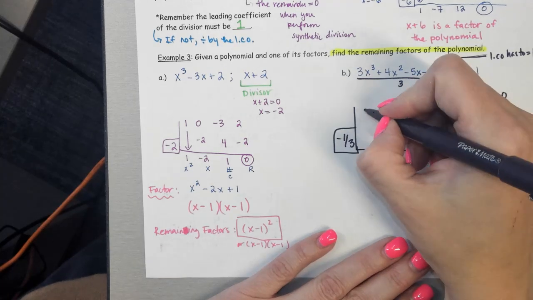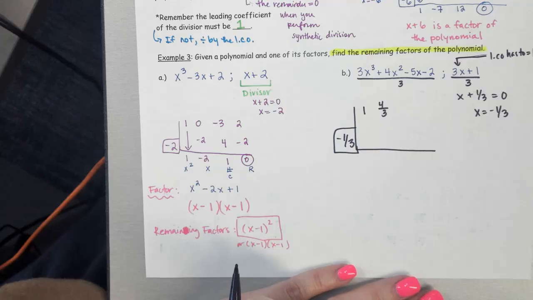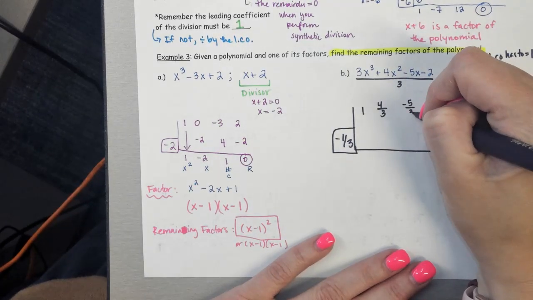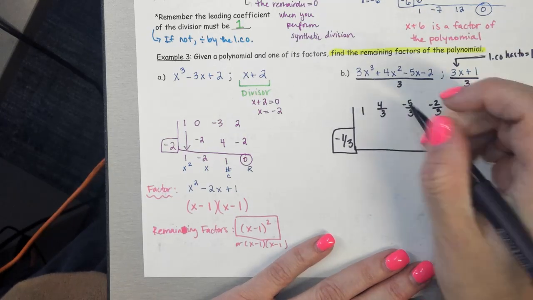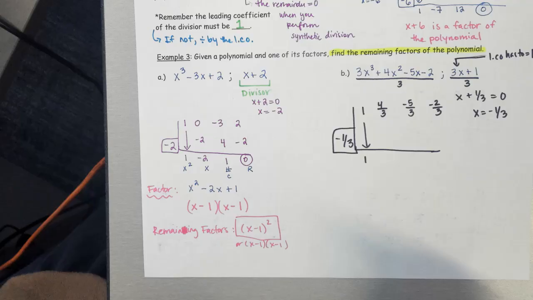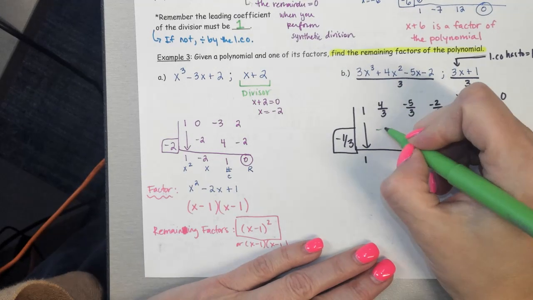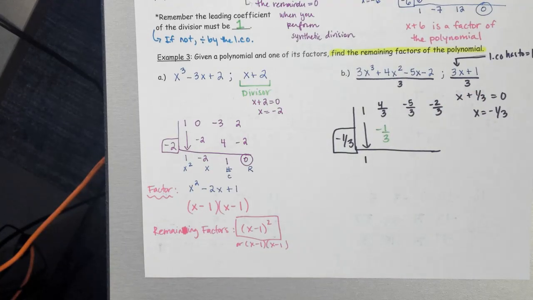3 divided by 3 is 1, 4 divided by 3 we keep as a fraction, negative 5 divided by 3, make sure you keep the negative, and then negative 2/3. When we multiply, we get negative 1/3. When you are adding fractions, you need a common denominator, and then you just add or subtract the numerators.